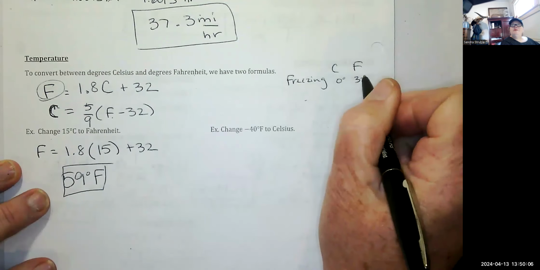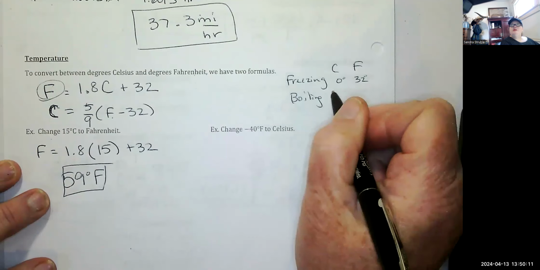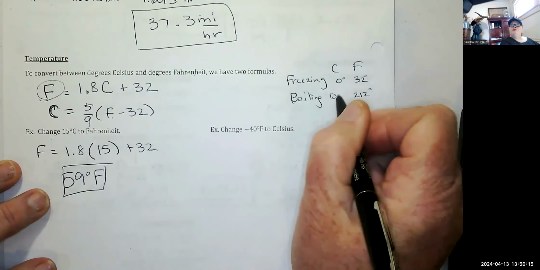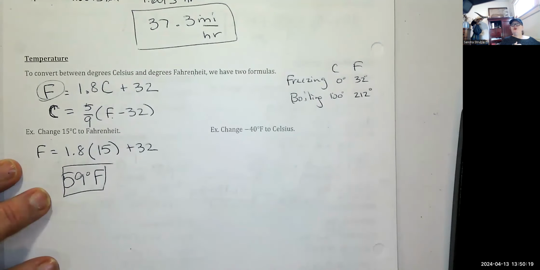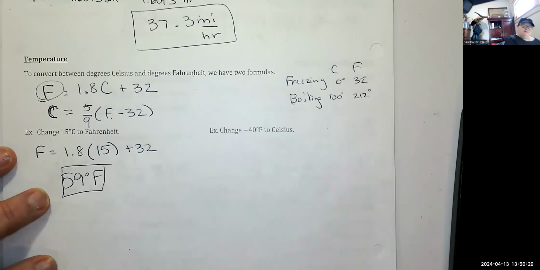Boiling is 212 for Fahrenheit and 100 degrees for Celsius. Looking at those different numbers, it doesn't even make sense how they would line up. Could it possibly be that there is a number where they are exactly the same? You're about to find out.